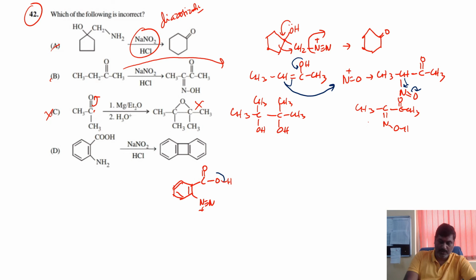So this one is moving here, this one is moving here, that is lost, and finally we are getting this kind of benzyne. If there is something to accept, this will be merged with that one. If not, then this kind of unstable benzyne usually undergoes dimerization, and that gives this one, right? So this is also correct only, right?